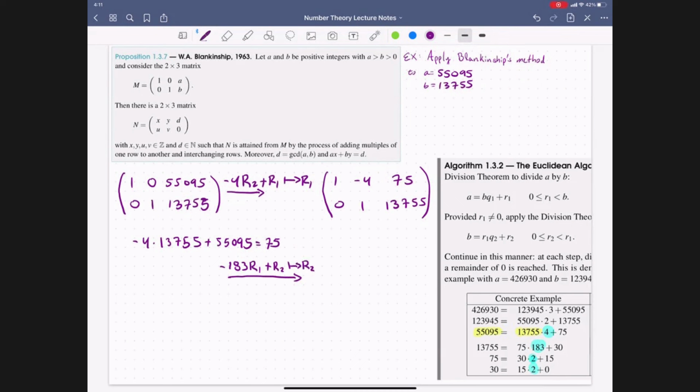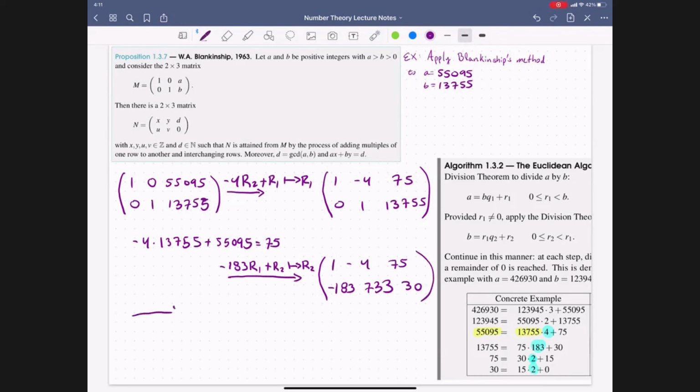Now, this will yield the following matrix, where the 1, minus 4 stays the same, so this is the 75, but then we have minus 183 for the lower left entry. The middle lower entry will be 733, and then by the same logic we just used to realize that that was going to be 75, this entry would be 30. And so we have 30 there.